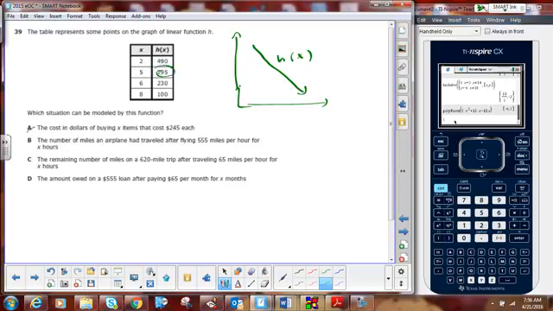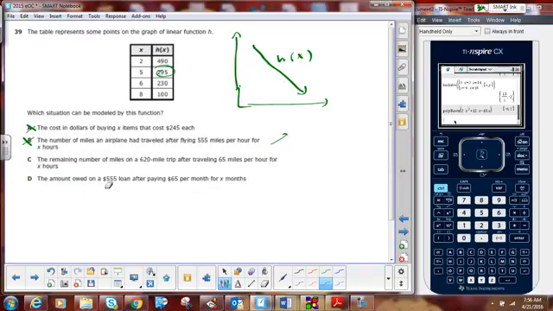So it's not going to be A. The number of miles an airplane has to travel after flying 550 per hour for x hours. Guess what? The number of miles has to increase, not decrease. So it cannot be. The remaining number of miles on a 6,020 mile trip after traveling 65 per hour for x hours. We're going to leave this for a little bit. We will come back to this.